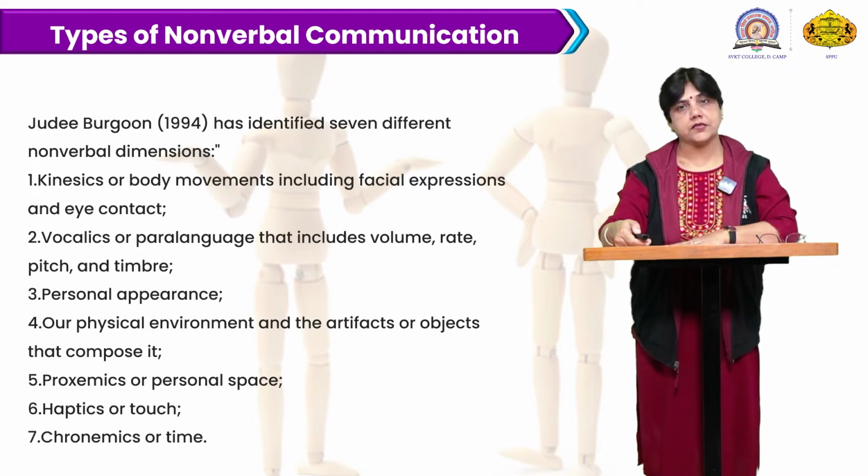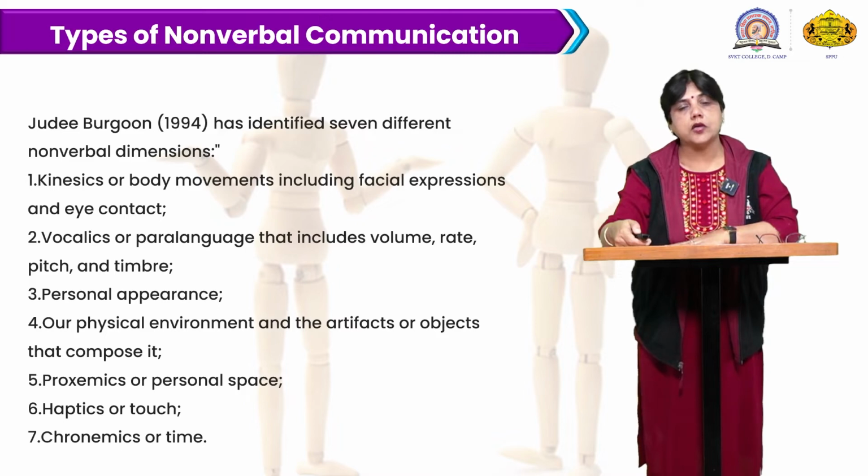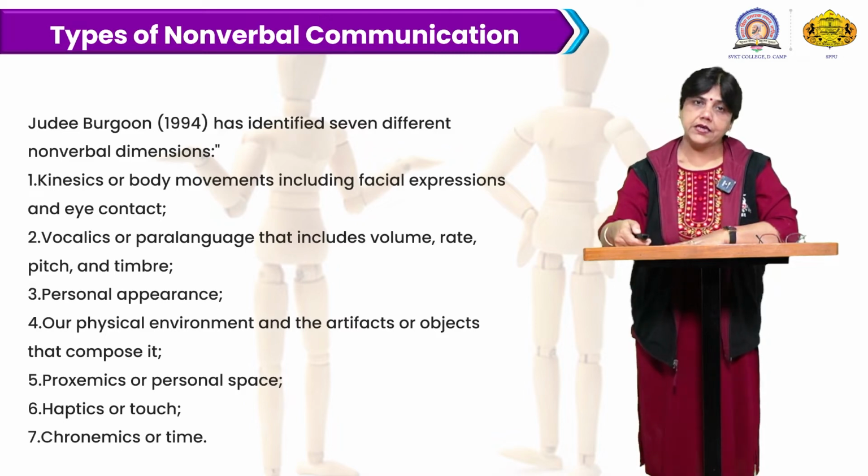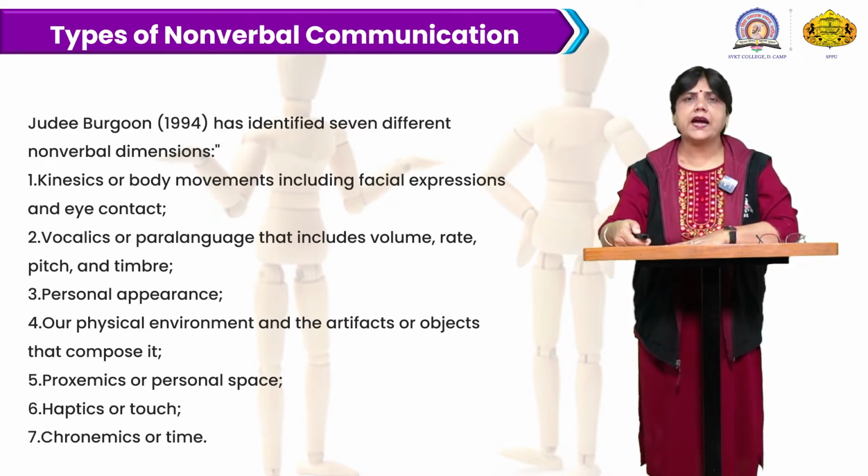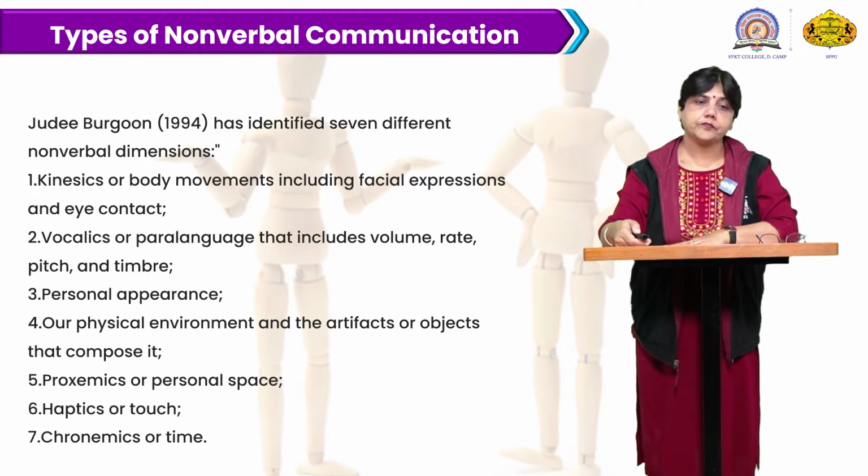Personal appearance: how we talk, how we stand, how we walk, that conveys a lot. Our physical environment and artifacts or objects that compose it. Proxemics or personal space, haptics or touch, and chronemics or time.